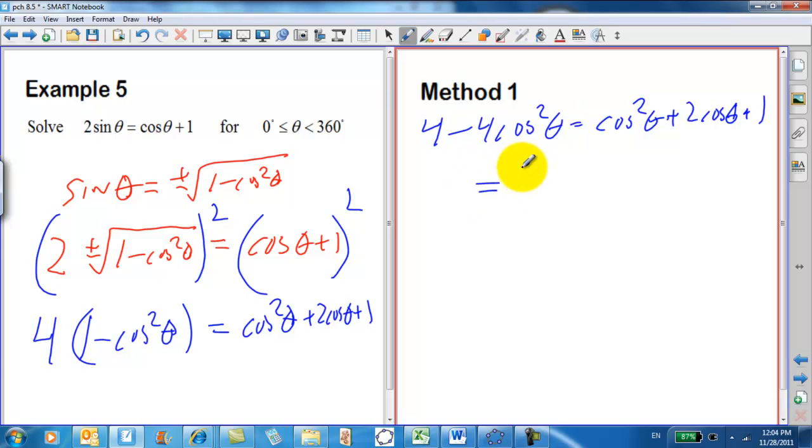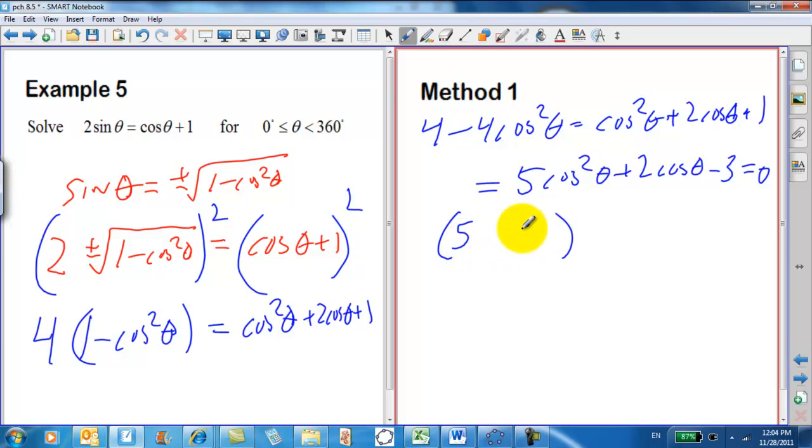So let's get everything on one side: 5 cosine squared theta plus 2 cosine theta minus 3 equals 0. We're lucky that this factors: 5 cosine theta and cosine theta.